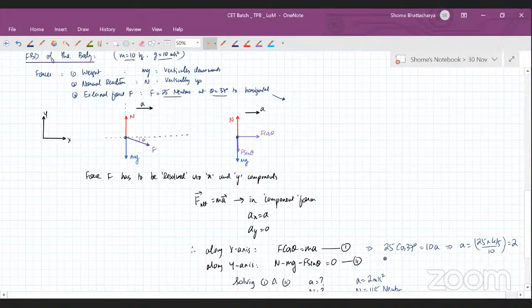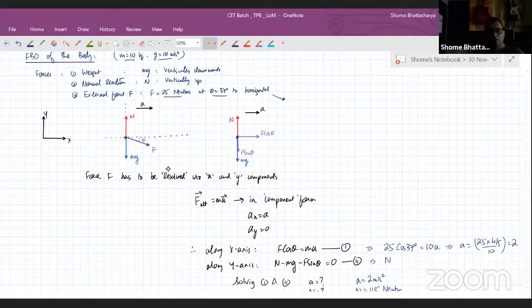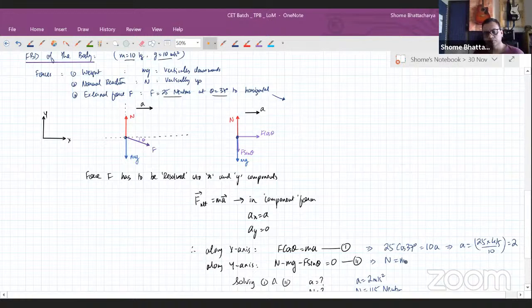And similarly, normal reaction becomes equal to the sum of mg plus F sin 37. So that is 100 plus 25 into 3 by 5.